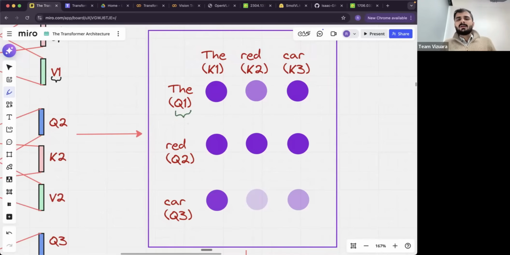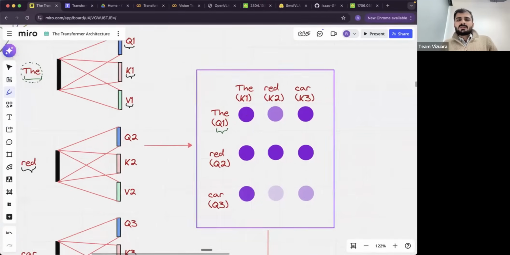For query one, I have a score which is coming from the relation of query one with key one. For query one, the second score is coming from the relation of this query with key two, etc. And you can see the magnitudes of these attentions are different. That is why the intensity of the color which I have shaded them with is different.